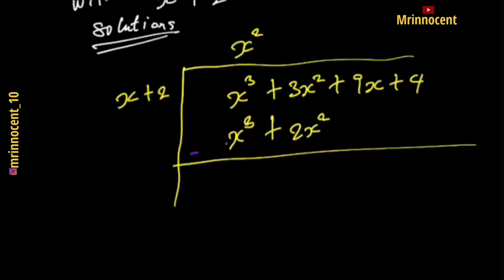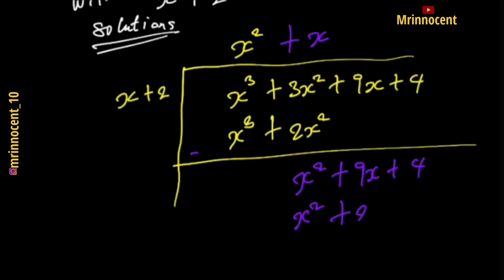You subtract. So you have 3x raised to the power 2 minus 2x raised to the power 2 is x raised to the power 2. x raised to the power 3 minus x raised to the power 3 is 0. So you bring down this 9x plus 4. x divided by x raised to the power 2 is x. x times x is x raised to the power 2, plus x times 2 is 2x.